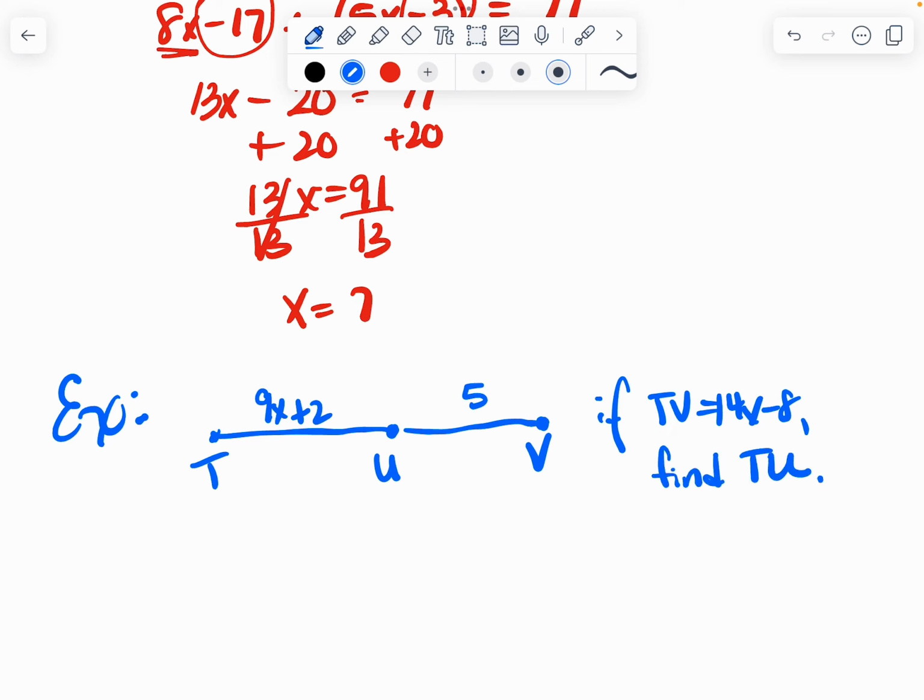So this one's different in that this time, one of my parts has a whole number, and I'm also asking you not to find x, but to solve for a segment.